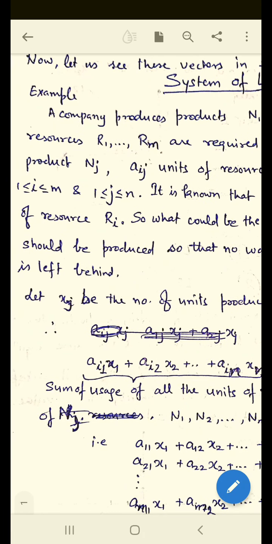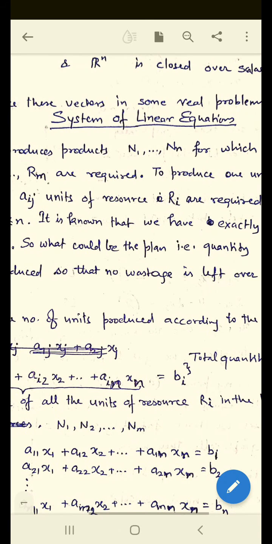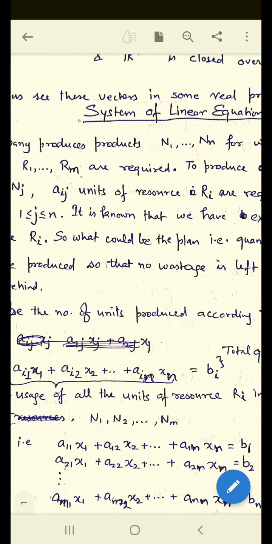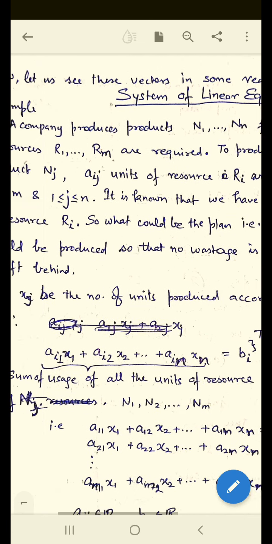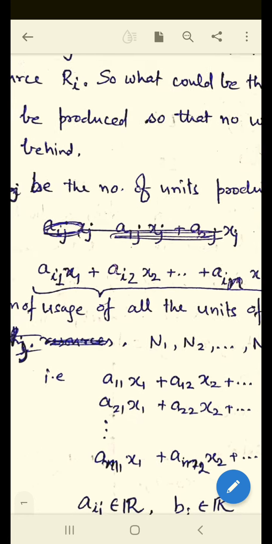So let xj be the number of units produced according to the plan. If they are produced according to the plan, then the consumption of resource i is like this.